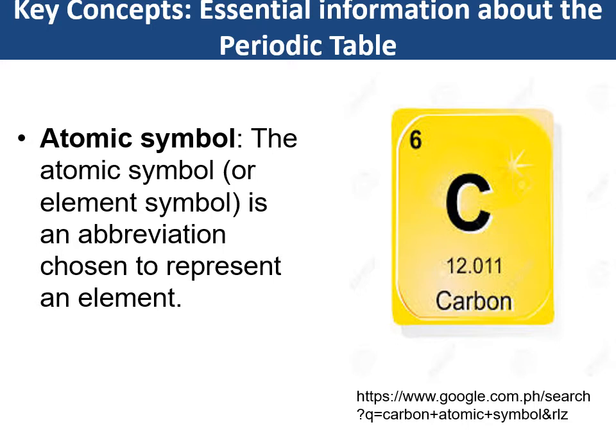For example, ang atomic symbol natin for carbon is capital letter C. Lahat ng element ay meron silang atomic symbol na matatagpuan ninyo on our periodic table. So, tignan natin mabuti.